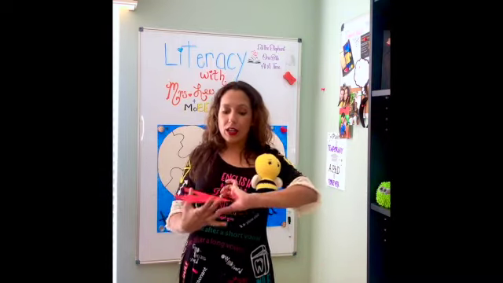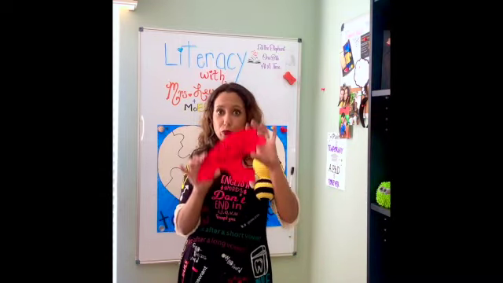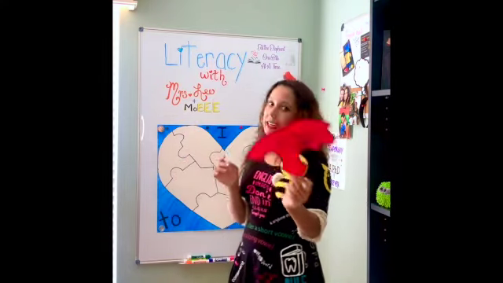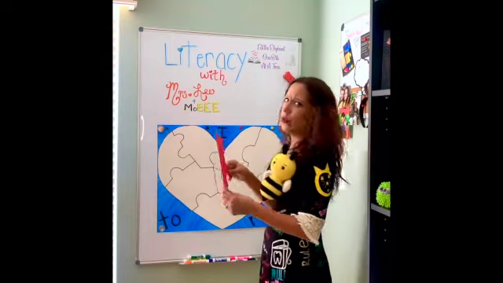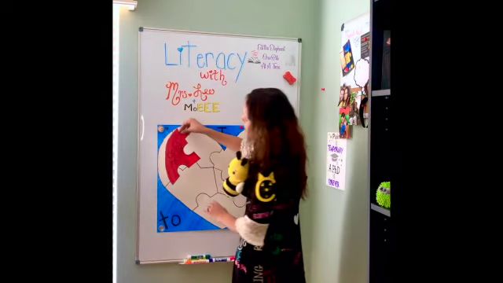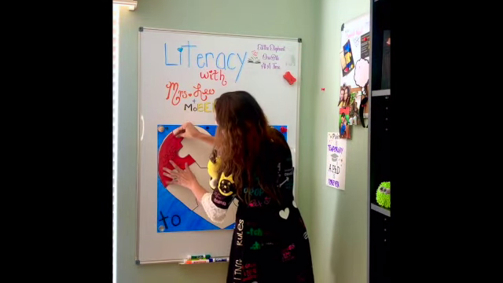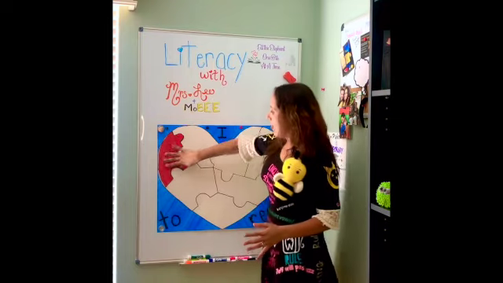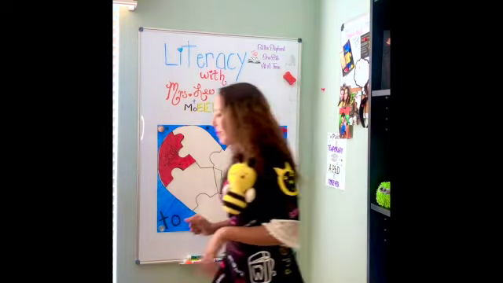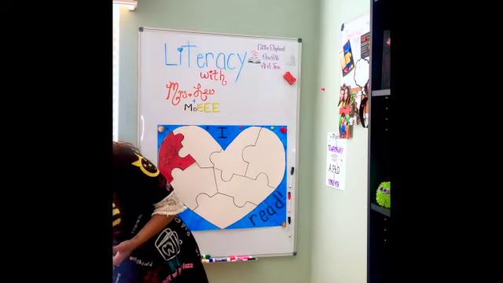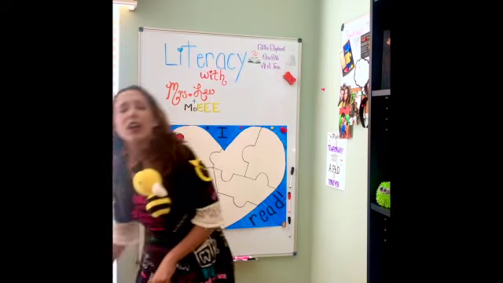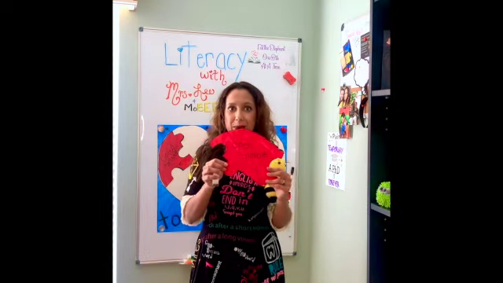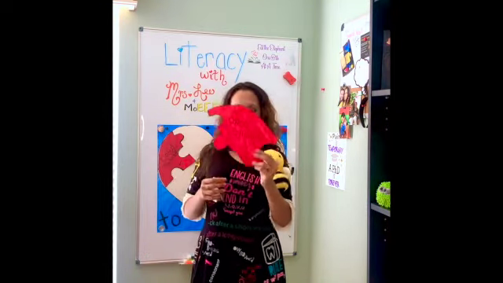Since we have already talked about our closed syllable, here is our first puzzle piece. I didn't have it before because I didn't think about it till this weekend. So our closed syllable, we have already talked about, and we'll go right there. And today's syllable type that we're going to talk about is the open syllable type, which is our consonant vowel.